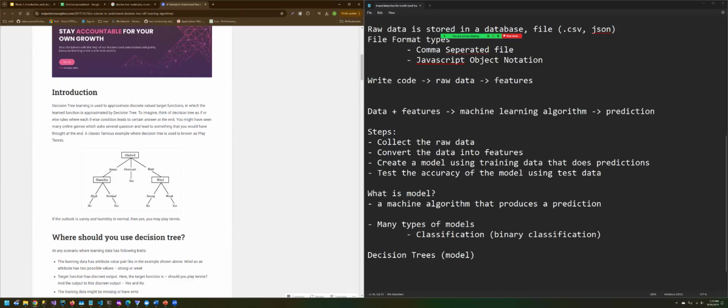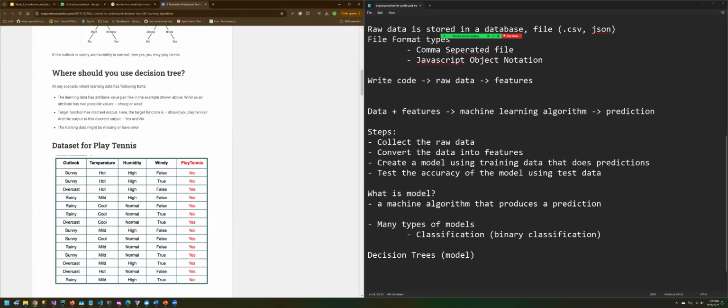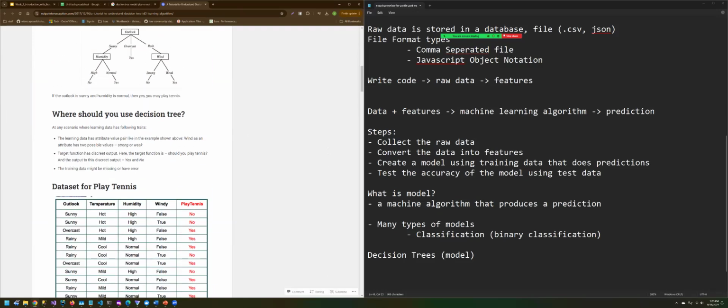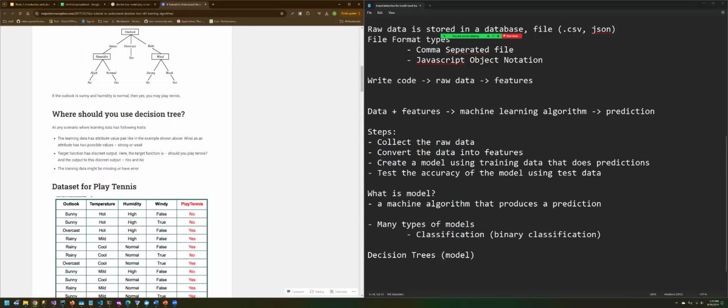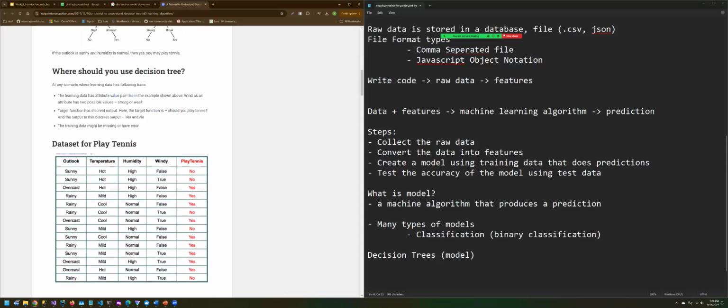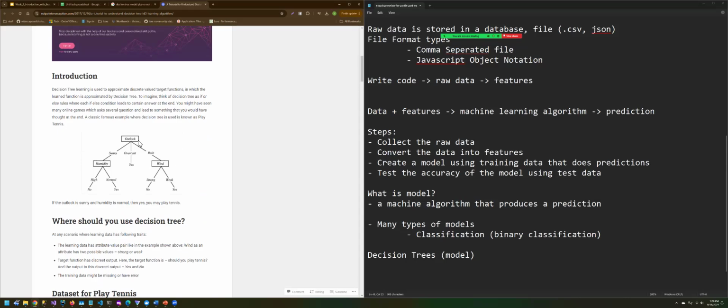So if you notice, there are 4 features: the outlook, the temperature, the humidity, and whether it's windy or not. And this is for playing tennis, but you can imagine for going outside, whatever label you want. So let's just stick with playing tennis since that's what they have here. And so the label values are yes or no. Do I play tennis? Yes. Or do I not play tennis? No. And so this is the decision tree.